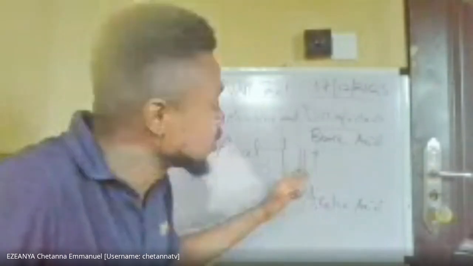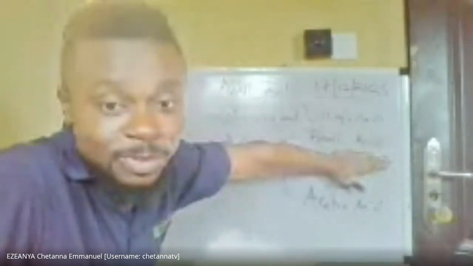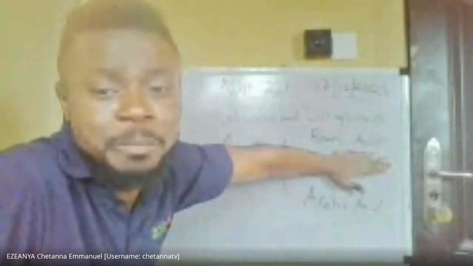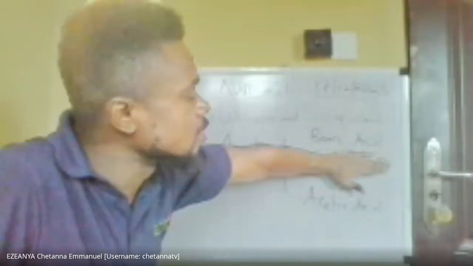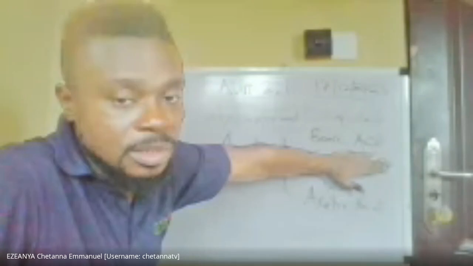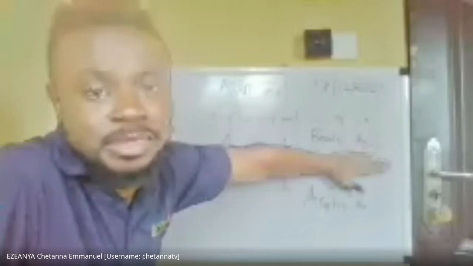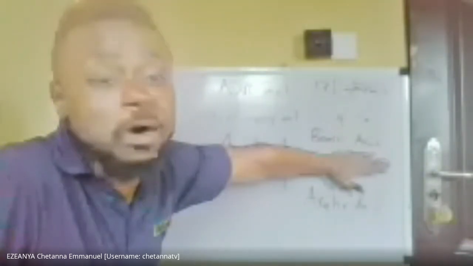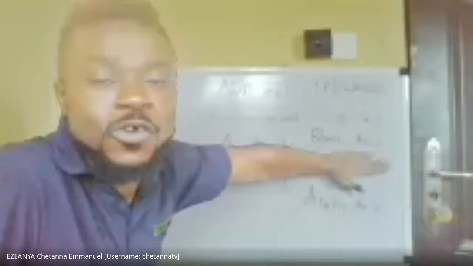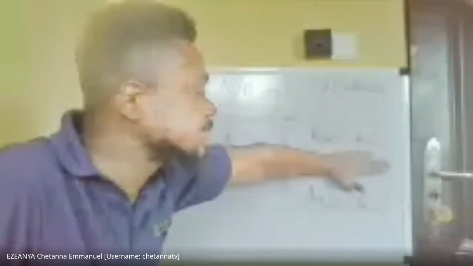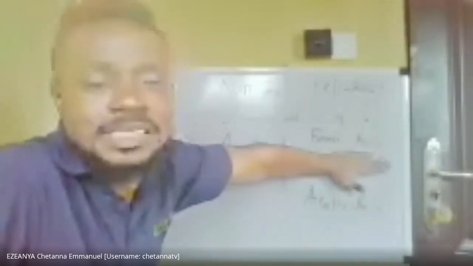Boric acid at the concentration of 2 to 4% is highly aqueous anyway. Boric acid at 2 to 4% is a mild eye or mouth antiseptic. So for eye and mouth antiseptics, that concentration is used.